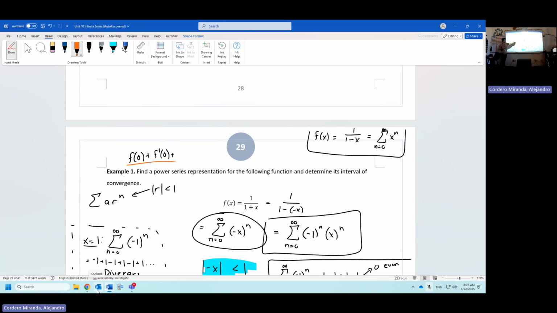What I was saying with this that I underlined in orange from last year is that you could always try to do this the way we've been doing it, which is to find the function value at 0, find the derivative at 0, find the second derivative at 0 times x over 1 factorial times x squared over 2 factorial. Remember this from a few days ago? And you would get the same answer, or an equivalent answer. That's always an option.